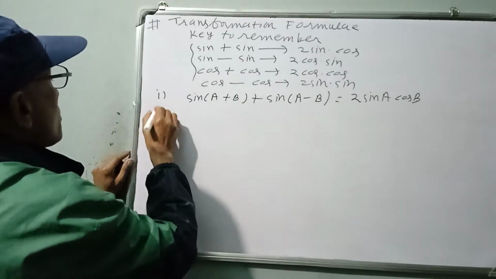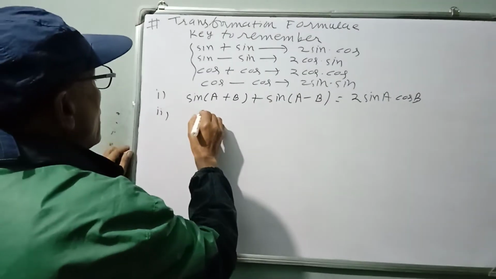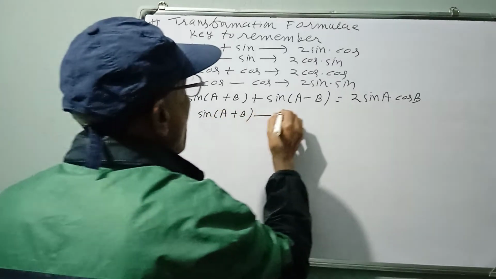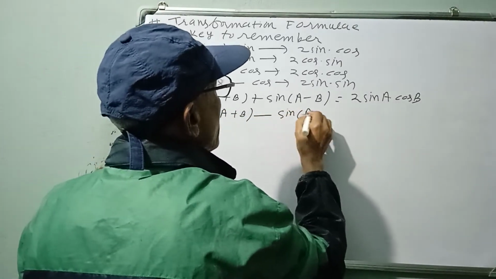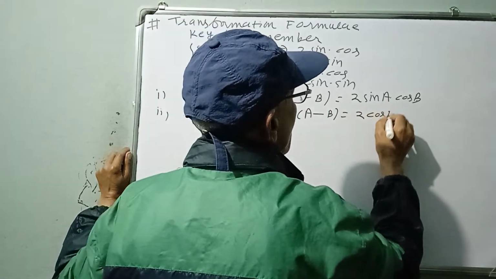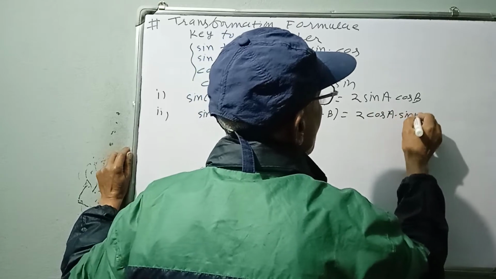Here, sine minus sine is 2 cos sine. What does it mean? Sine(A plus B) minus sine(A minus B) equals 2 cos A sine B.